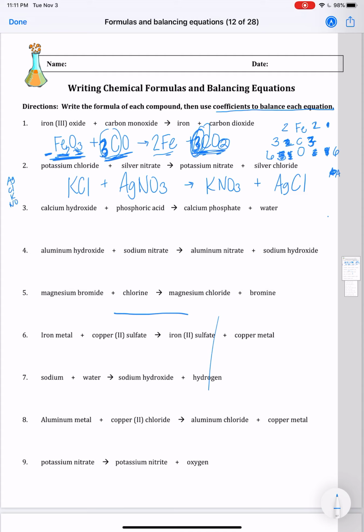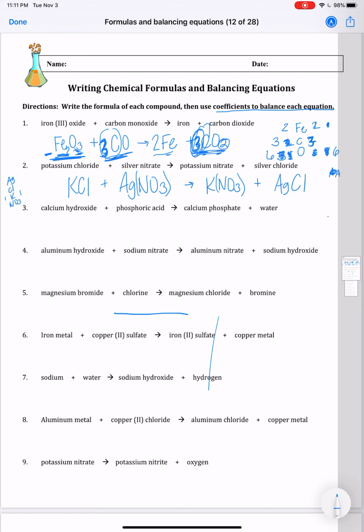AgCl, NO3, because it's a polyatomic ion, you can separate it out into N and O, or I think it's easier to look at it as one thing. Okay? Potassium. So I have 1 potassium on the left. I have 1 potassium on the right.